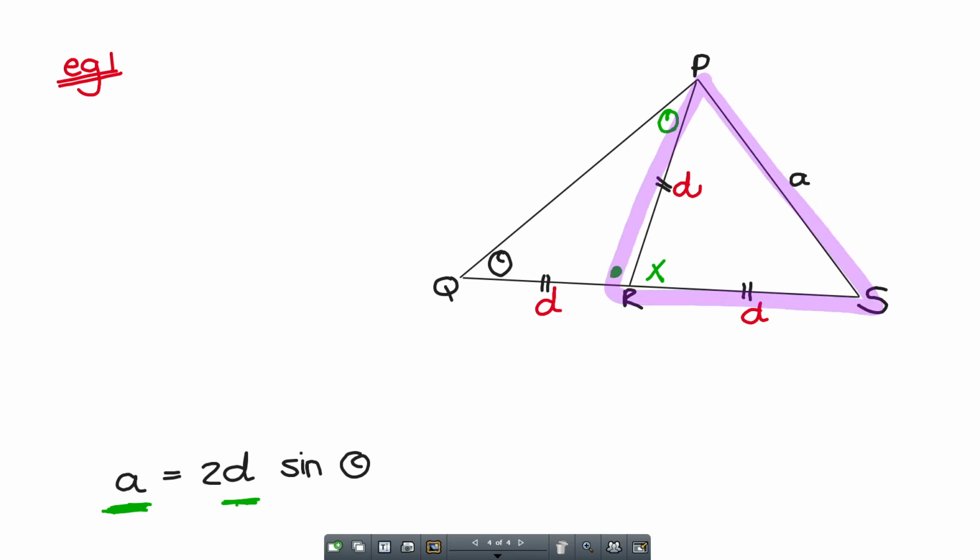Sien julle dit? So I want to work my way from theta towards being in the second triangle, not in the one that we were busy with just now. So instead of getting this angle, I'm rather going to say what that one will be.